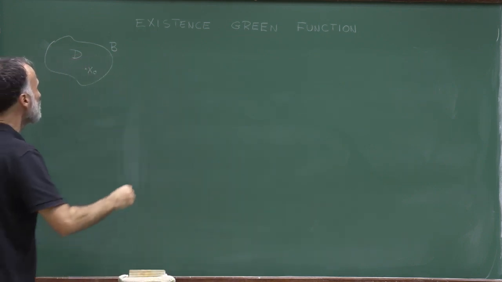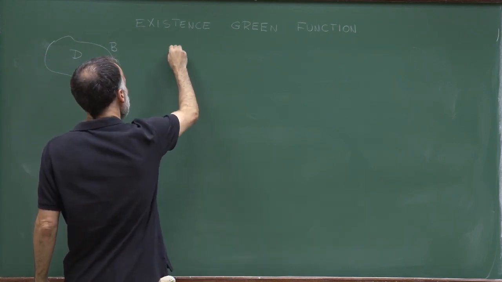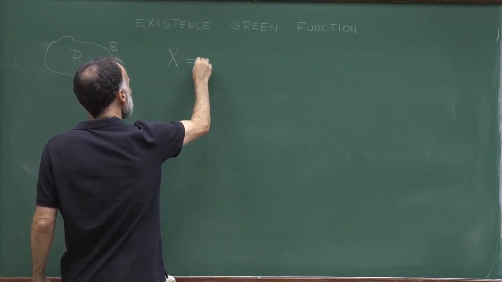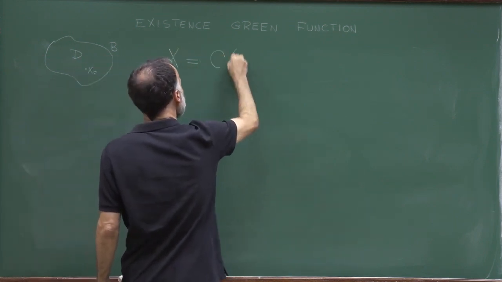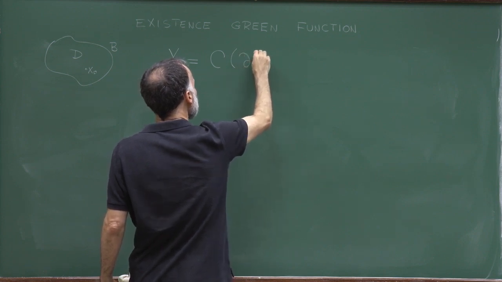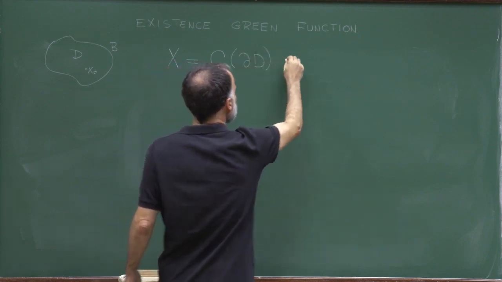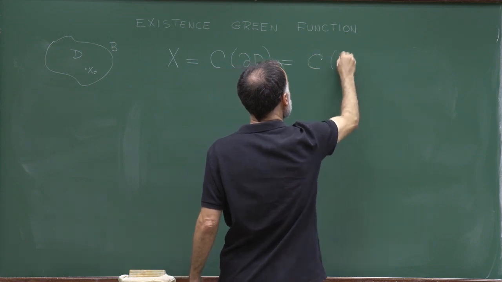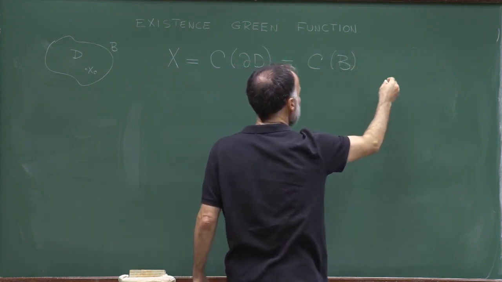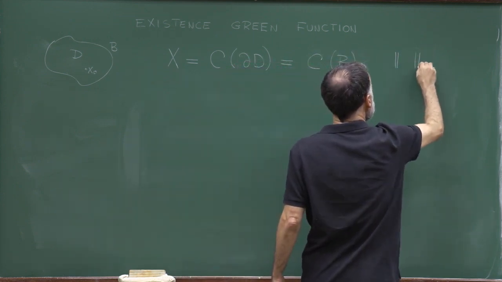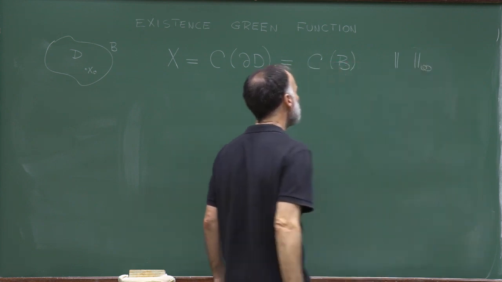Well, let me define as X the space of continuous functions defined at the boundary of D, which is, in my notation, C(B). So this is a Banach space endowed with the L infinity norm.